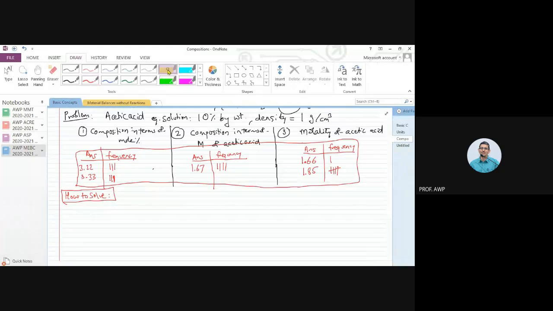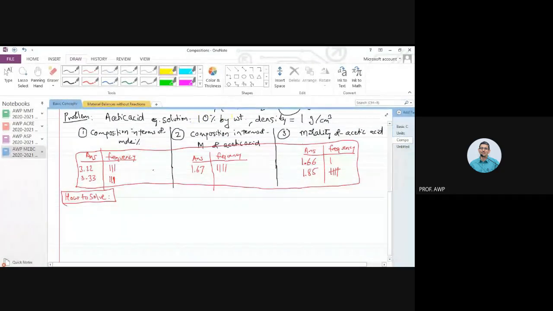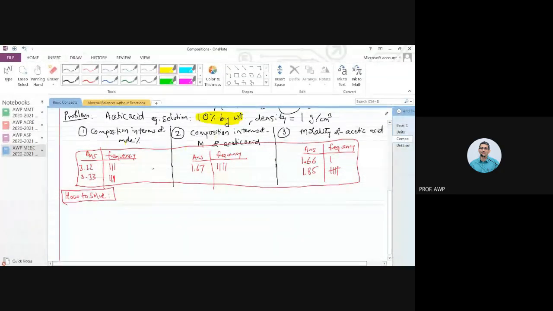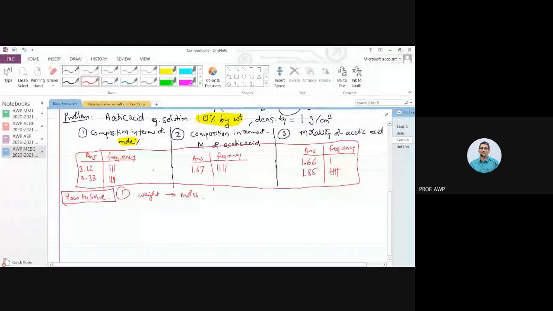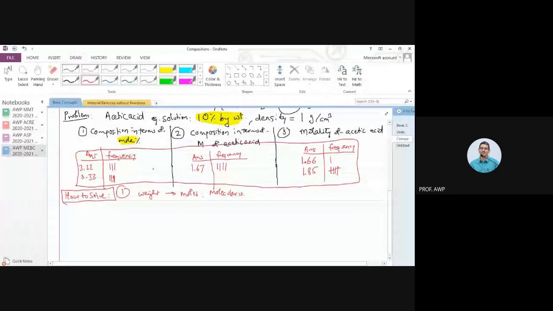Suppose I want to convert this. I have a 10% by weight solution. I want to convert to mole percent. That means this weight, or mass, I need to convert to moles. So I would need molecular weight. Right?